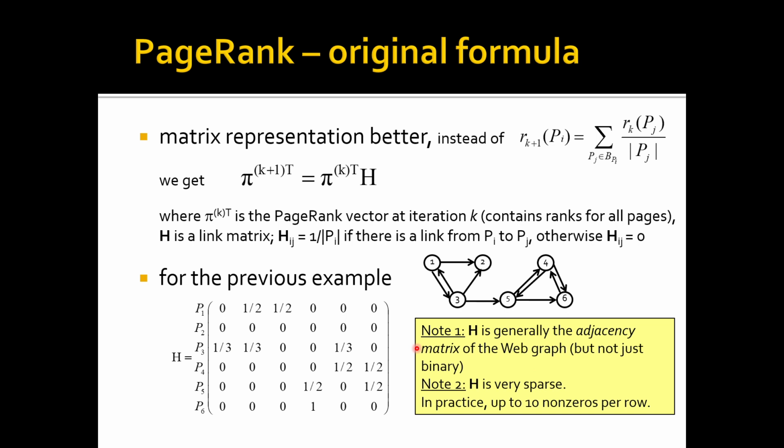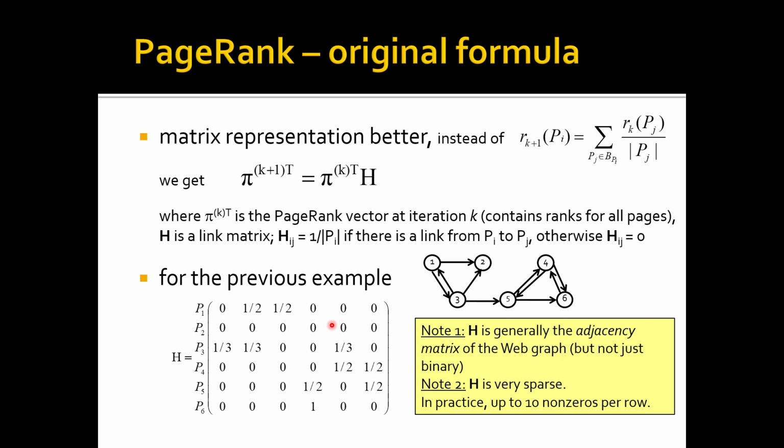Also notice that the matrix is very sparse. It's again similar to what we already experienced in the Boolean and vector model, where we had different matrices, the term by document matrix, with terms in documents.